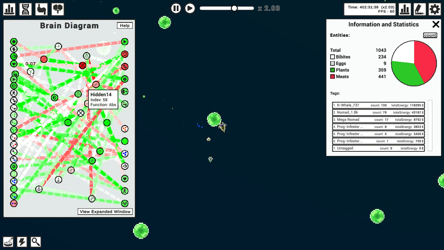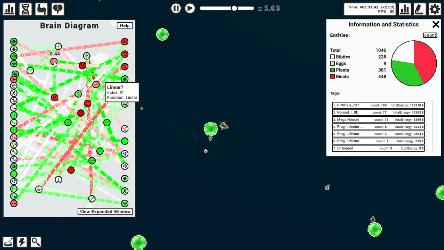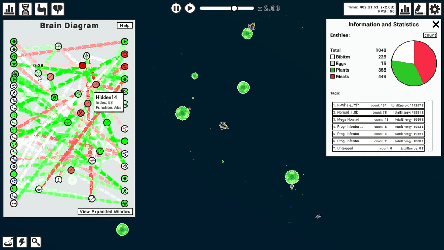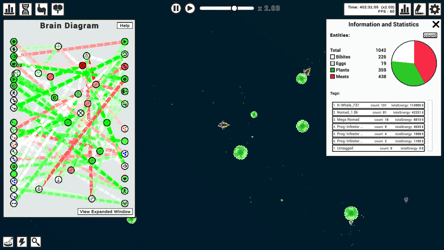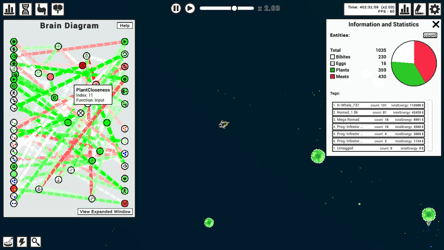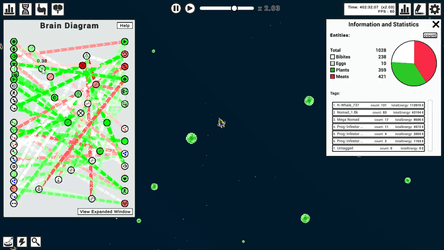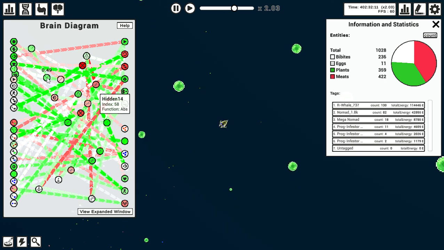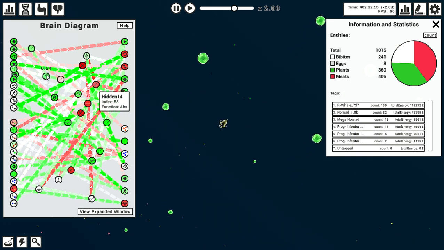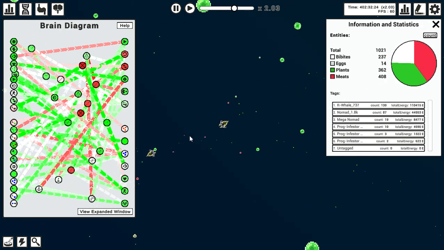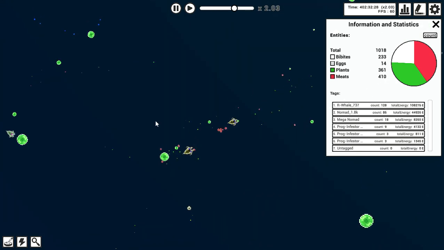And then a green line. So this is your trigger that turns off grab, and it is connected to plants and absolute. So this thing did not, in fact, intentionally try to shoot the other nomad. It just looked like it. It's alright. We can hope.